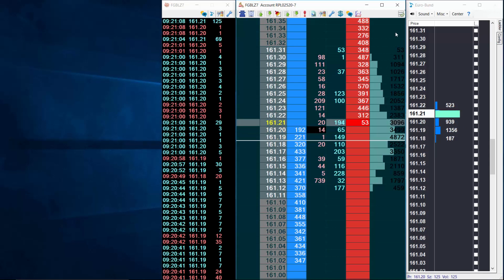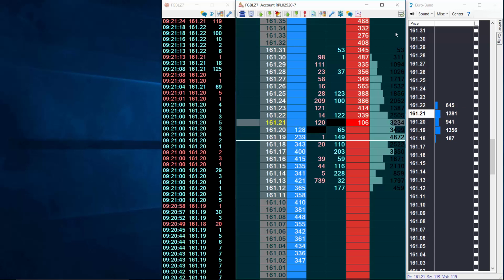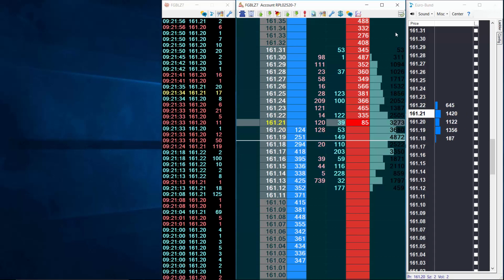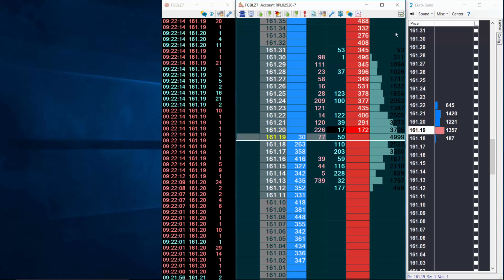Finally, we'll be able to tell as the market starts to range that volume is being absorbed across all the prices, and that might be an area that you actually want to stay out of the market until some more price discovery comes into effect.